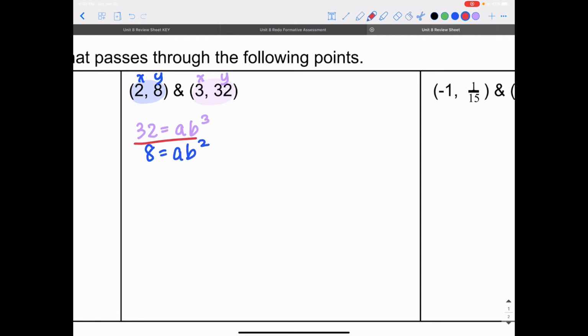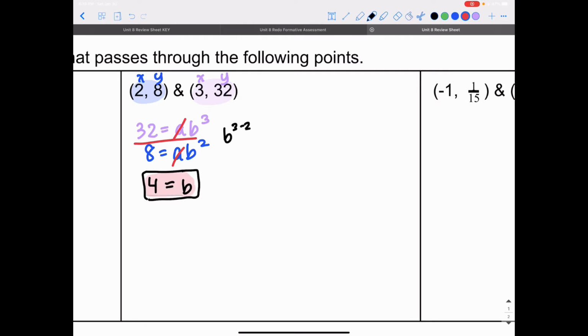I'm going to divide these two equations to get rid of my a's. And I'll be left with b to the 3 minus 2 power, or b to the first power. I just have to write b is equal to 32 divided by 8, which is 4. So I know my b is 4. That's my growth rate. I'm going to plug that in and see what I get for a.